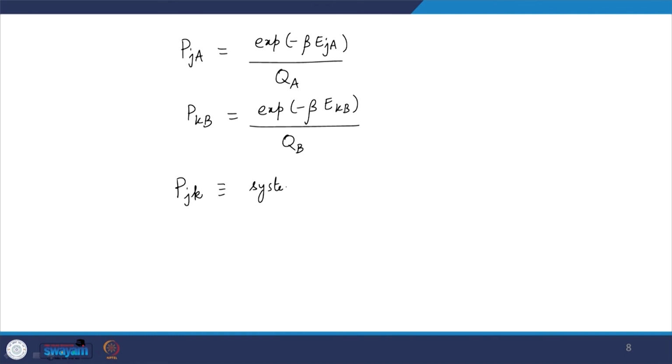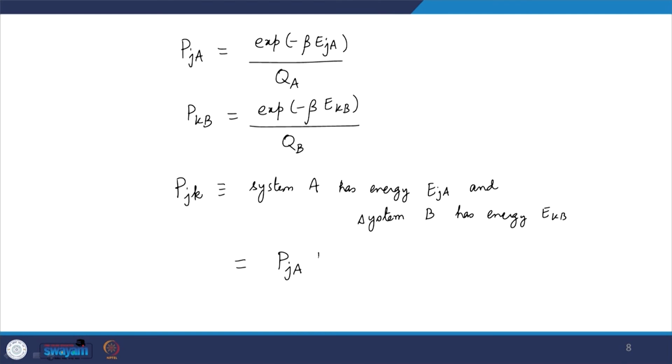A has energy Eja and system B has energy Ekb, and that is equal to the product of these two probabilities.